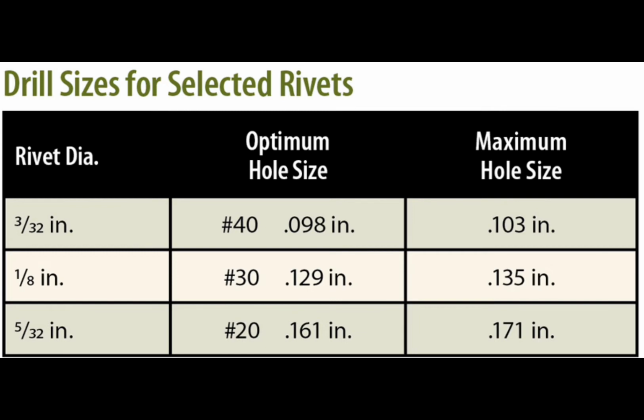What size drill should be used for the common shank rivet? Diameters of 3/32, 4/32, 5/32 inch. Three 32nds rivet, number 40 drill bit; 4/32 rivet, number 30 drill bit; 5/32 rivet, number 21 drill bit.